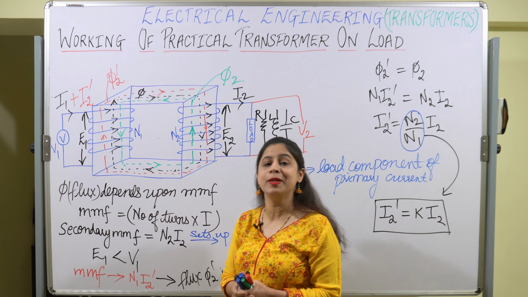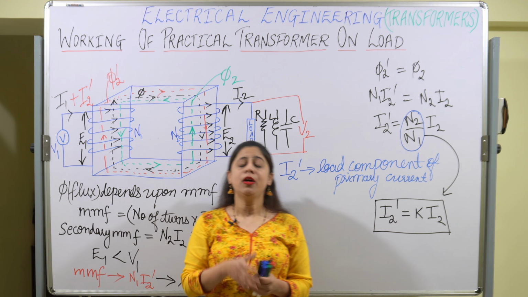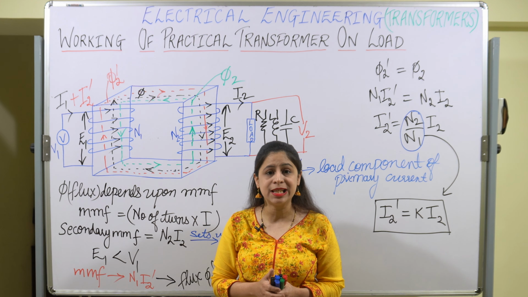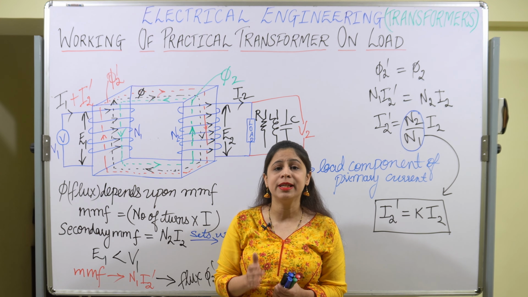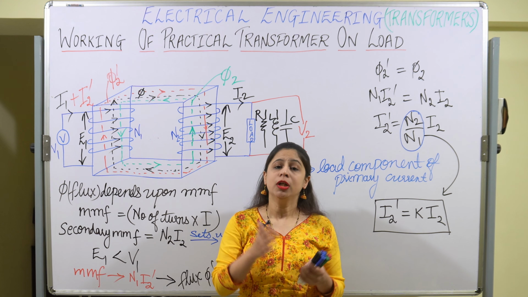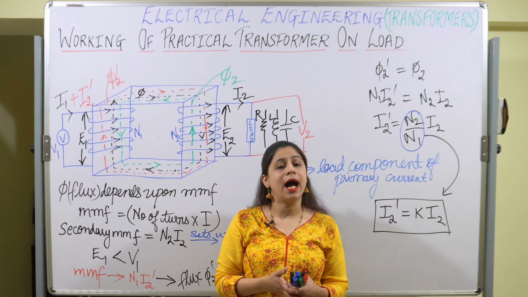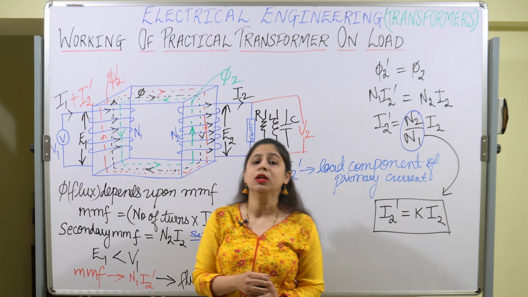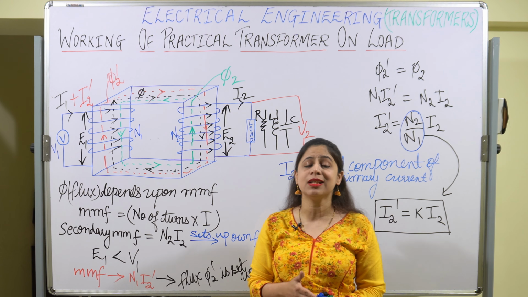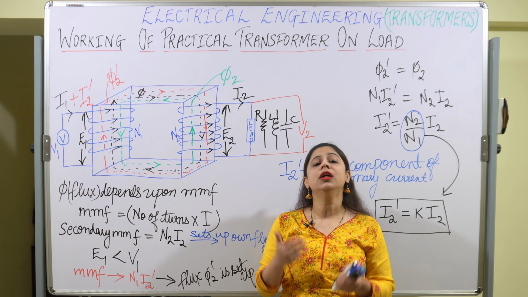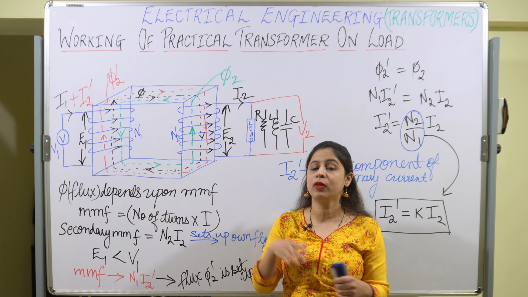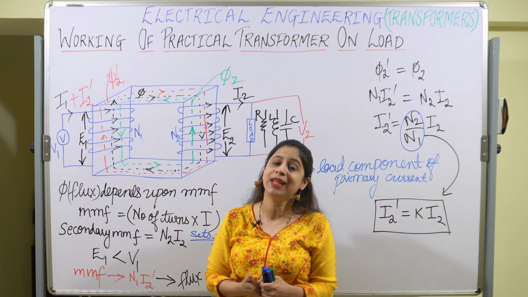In the next session, we will be studying the phasor diagrams. Phasor diagrams are different for different cases. For the transformer having winding resistance and magnetic leakage, the phasor diagrams are different, and for the transformer where no winding resistance and magnetic leakage is considered, the phasor diagrams are different. So we will be drawing all the phasor diagrams in the next sessions.